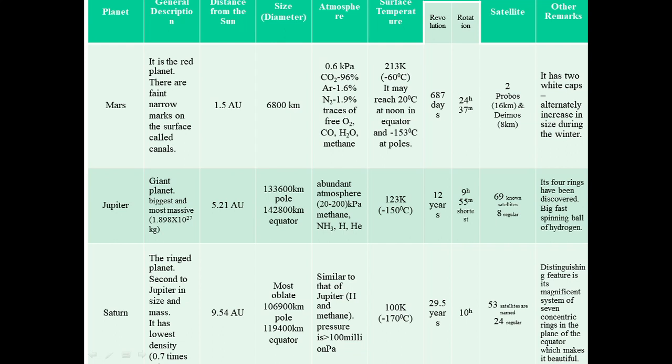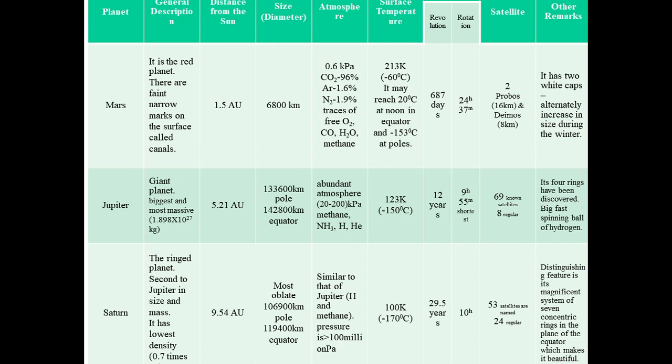The atmospheric pressure is 0.6 kilopascals, and the atmosphere contains 96% carbon dioxide, argon 1.6%, nitrogen 1.9%, and traces of oxygen, carbon monoxide, water, methane, etc. are also present on the surface of Mars.